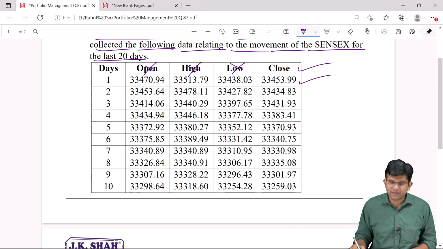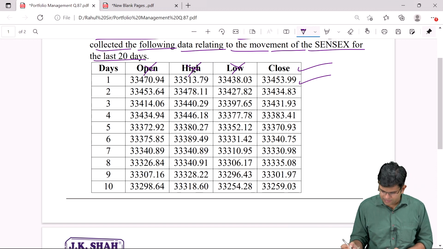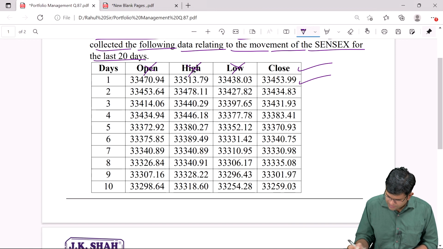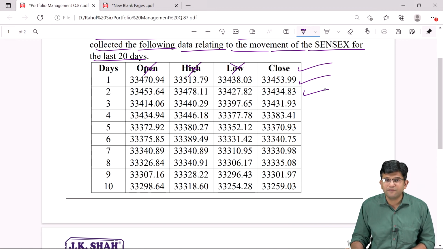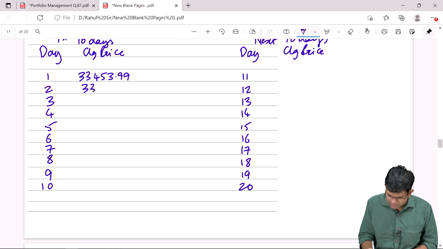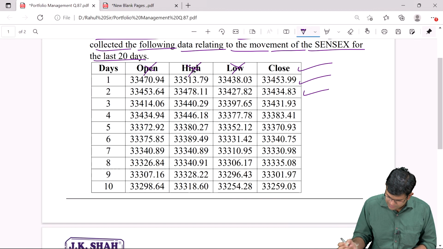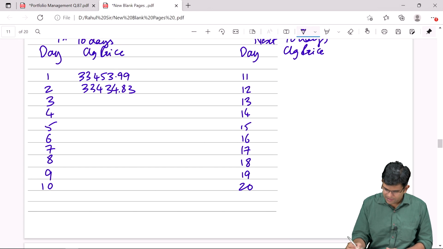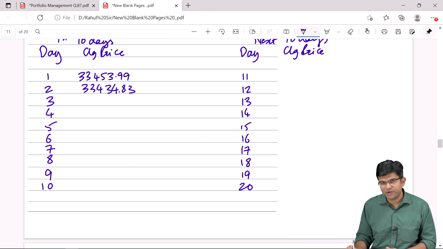So I'll write down here 33,453.99, then we have 33,434.83, correct? Then we have 33,431.93. Like that, children, we will just plot all the numbers from day 1 to day 20.